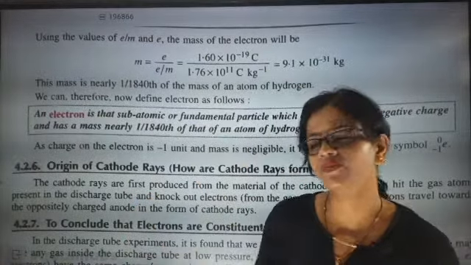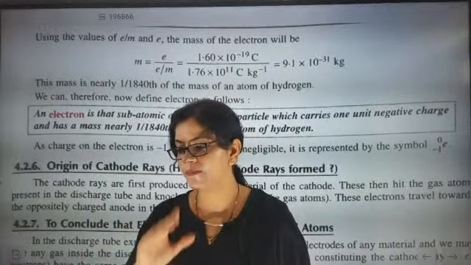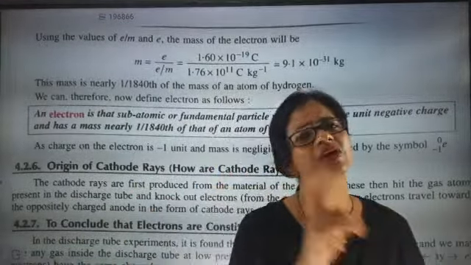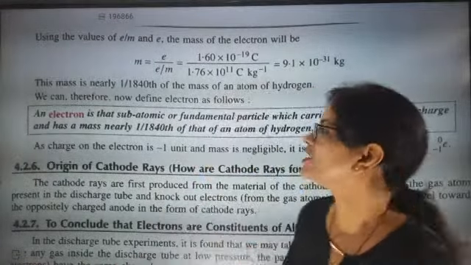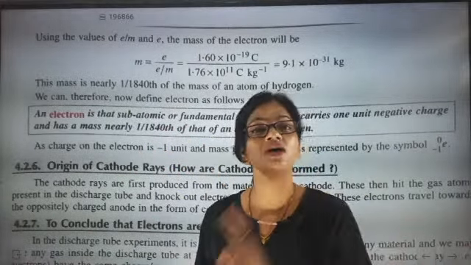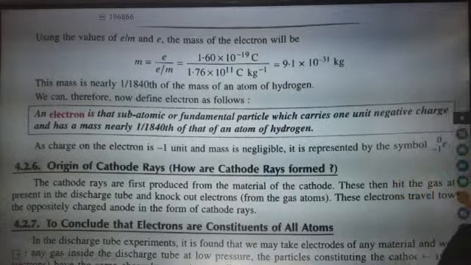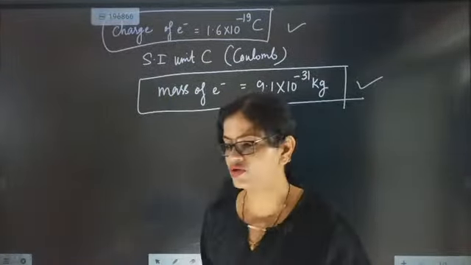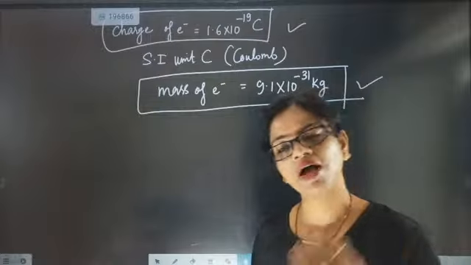Now another important point is, if we got the mass of electron, can we compare the mass of electron with the mass of hydrogen? We said that the mass of electron is 1 by 1840 times the mass of hydrogen. So how do we compare the mass of electron and the mass of hydrogen?